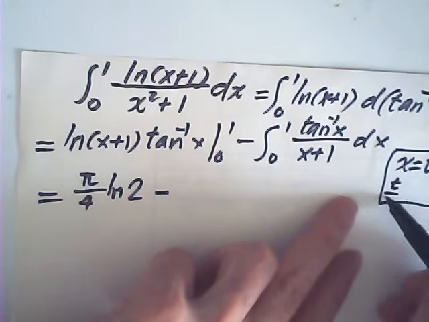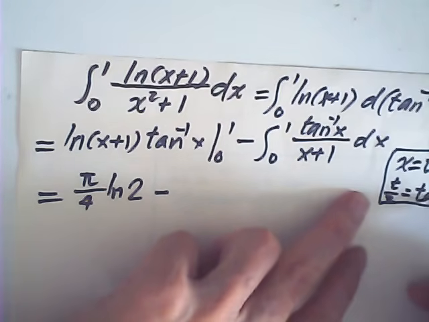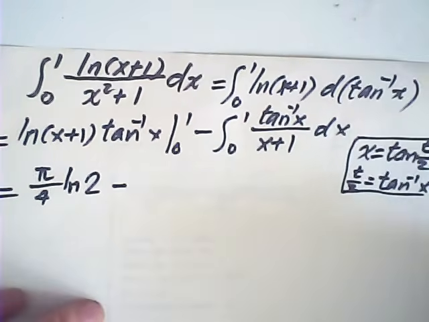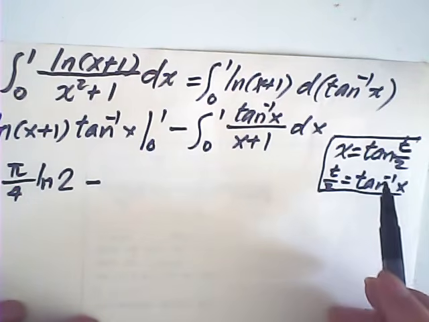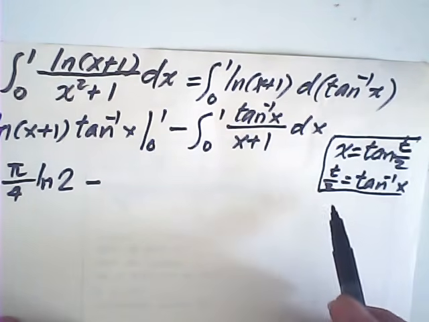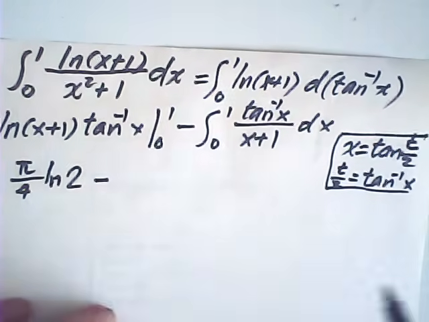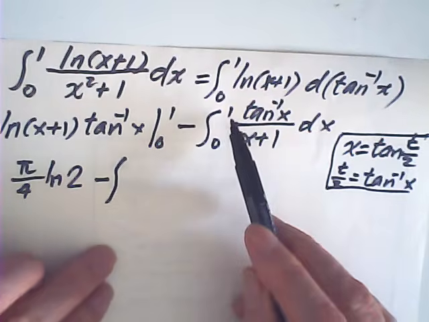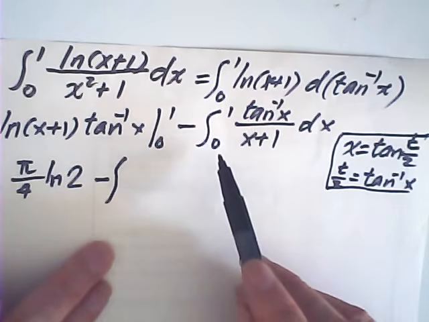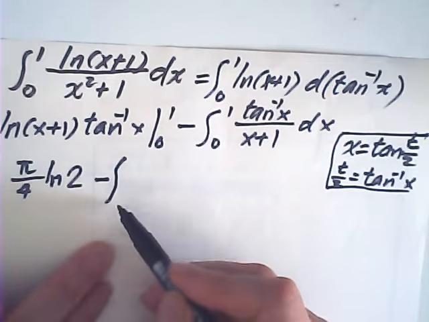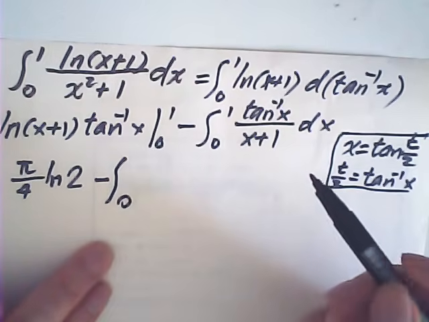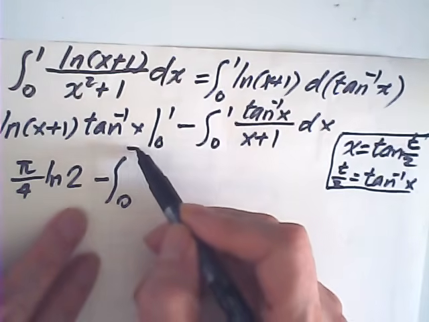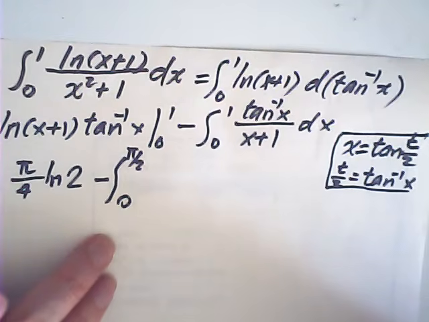So half t is equal to arctangent x. I let x equal tangent half t. Let me change the boundary first. When x equals 0, t is 0. When x equals 1, t will be half pi.